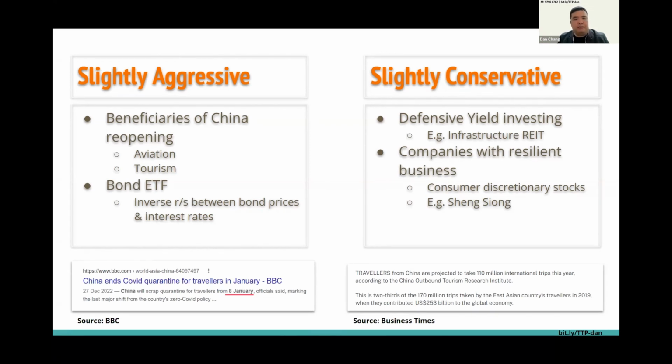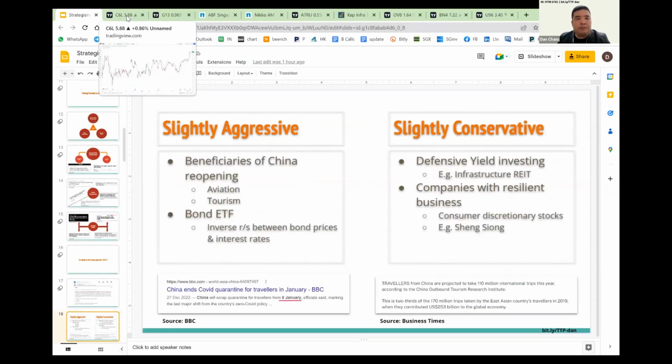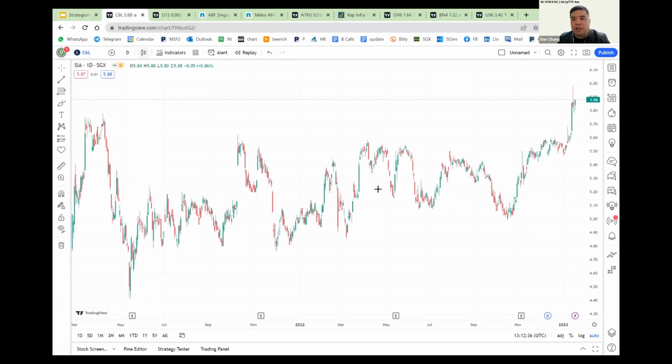You can see that I have this SIA chart with me. When the news about China reopening first came out, this is the time when they started to lift the lockdown.